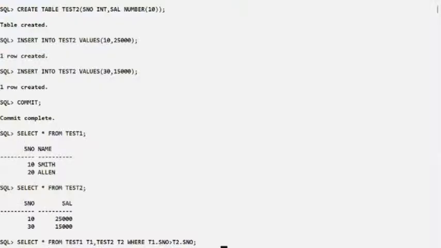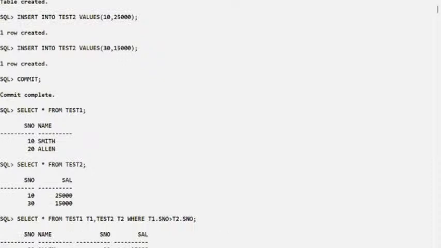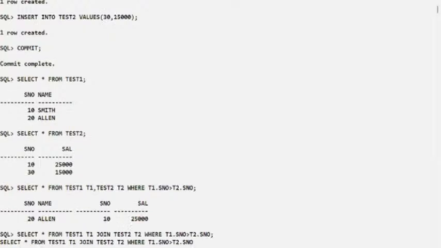Sir, how to write ANSI? Same thing. Can you see, guys? In place of this comma, I want to use the join keyword. Whenever I'm using the join keyword, the where clause is not supported under ANSI format.